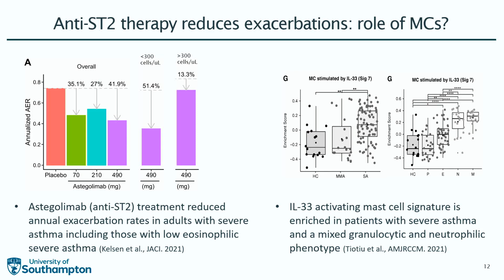So it's not just one thing of IL-33, but there are immune cells we need to think about, and maybe putting the two together could help in this severe neutrophilic disease.